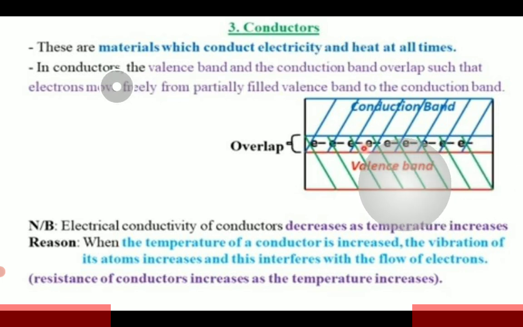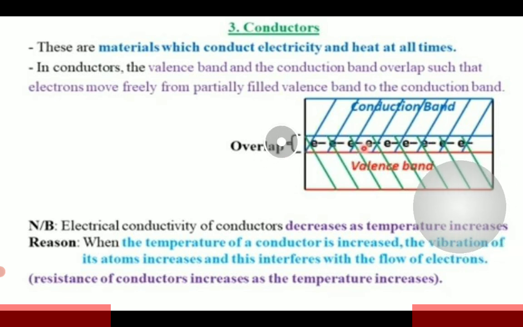All right, so in conductors, the valence band and the conduction band overlap such that electrons move freely from the partially filled valence band to the conduction band. So we are saying that between the conduction band and the valence band, it's like there is no forbidden gap. These two bands simply overlap, they join together without any separation.